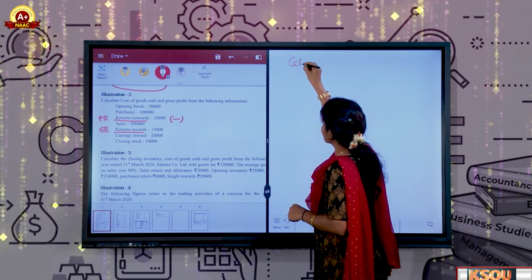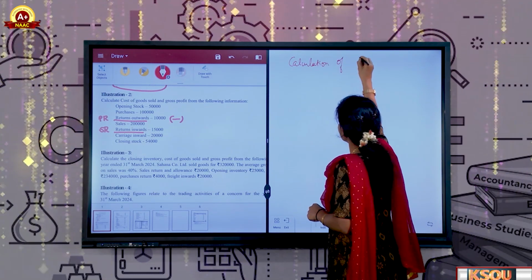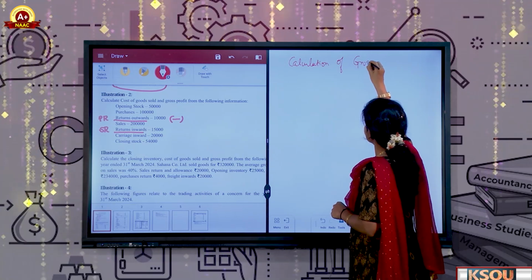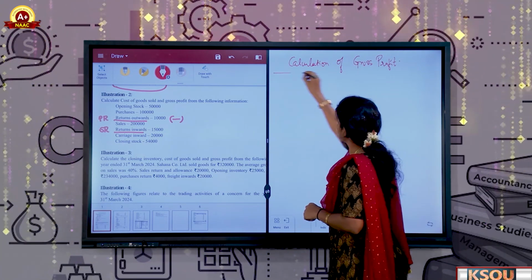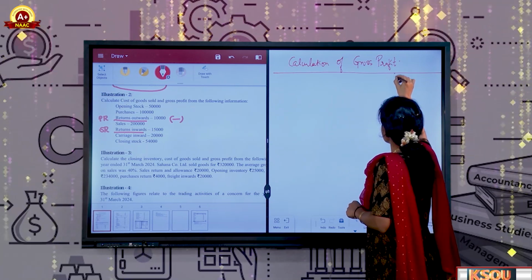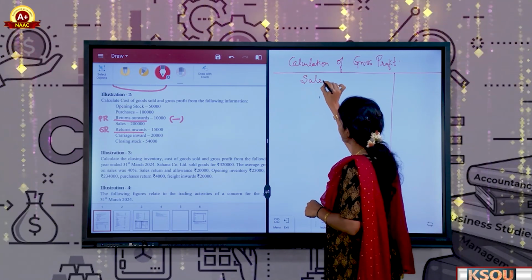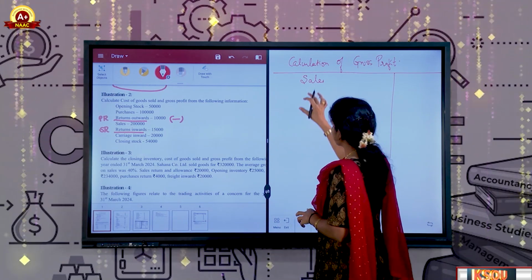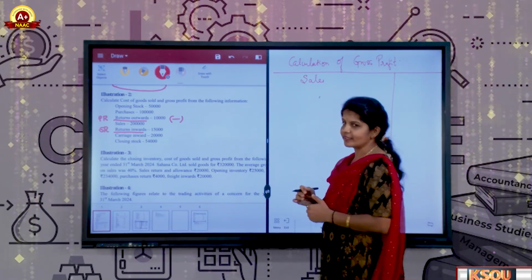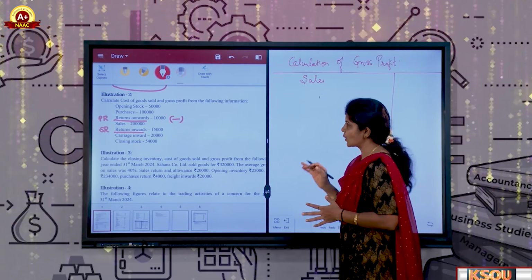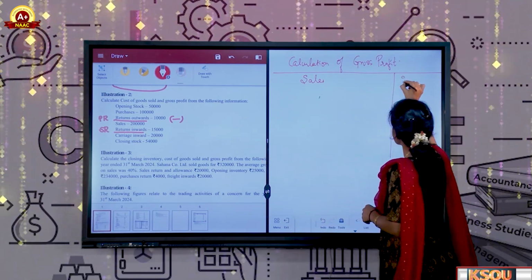So that is the calculation of gross profit. So let us take sales first. Actually the format should be taken like particulars and amount in rupees. I am directly going further because you have understood the format already. So the sales is given in the problem as 2 lakh rupees.